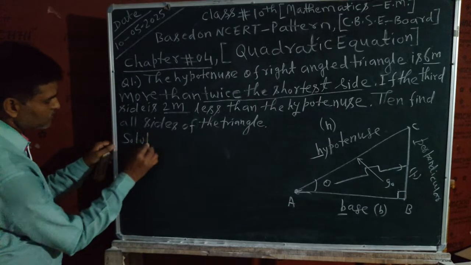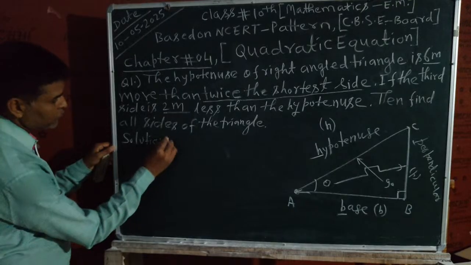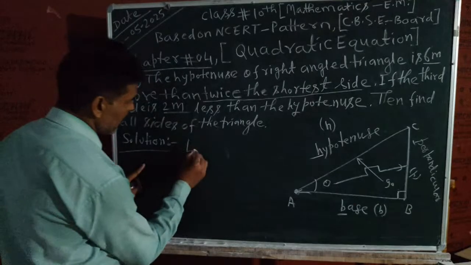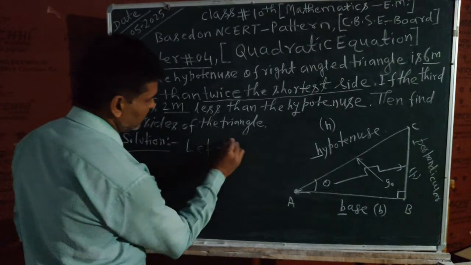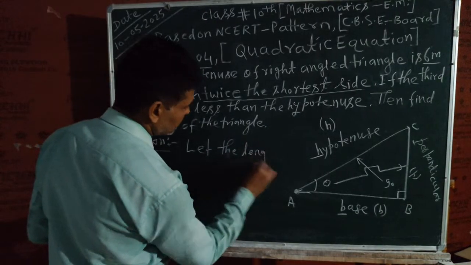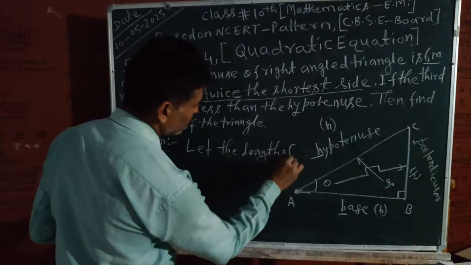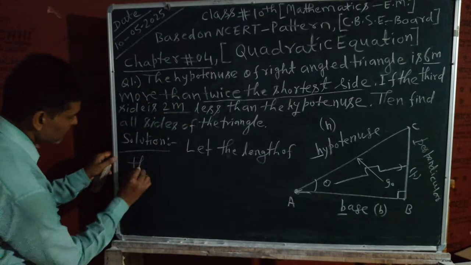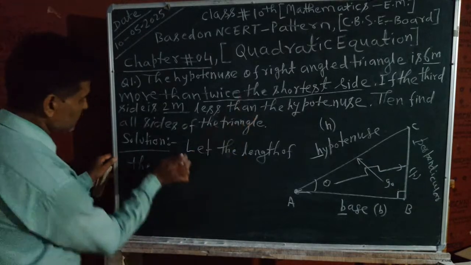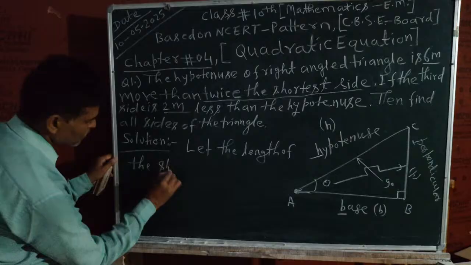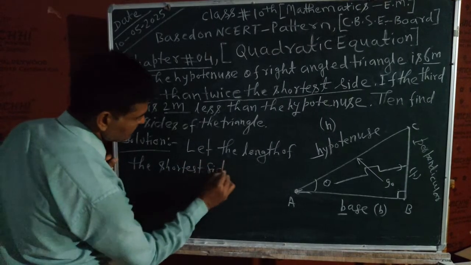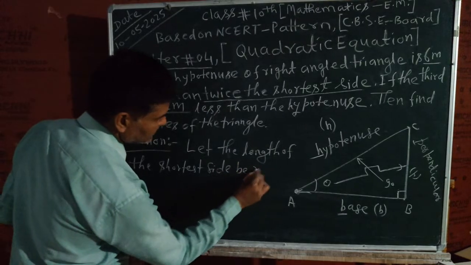Then according to the question I have to write here: let the length of the shortest side be x meter.